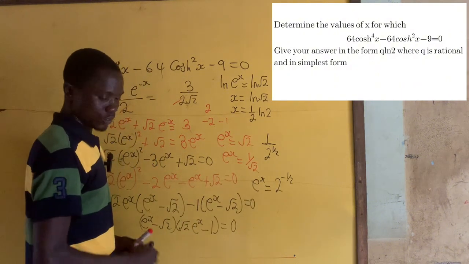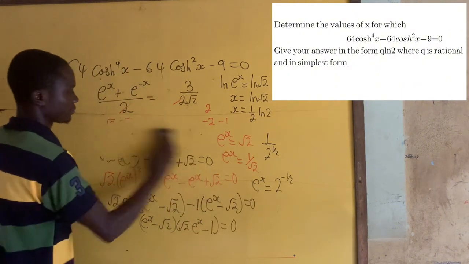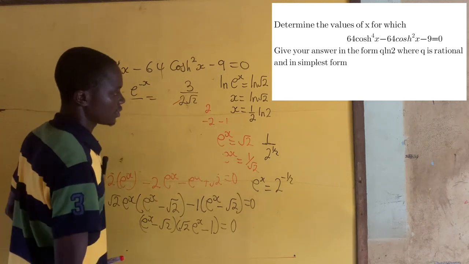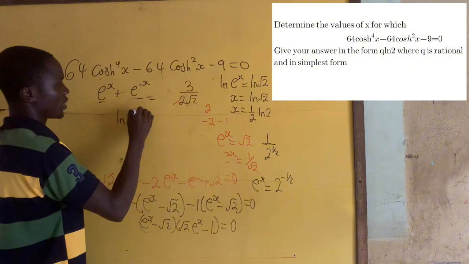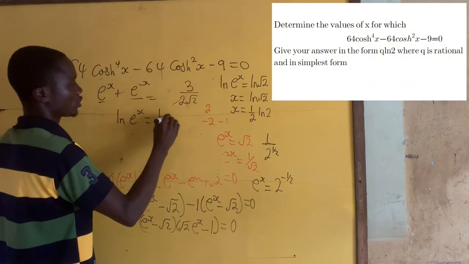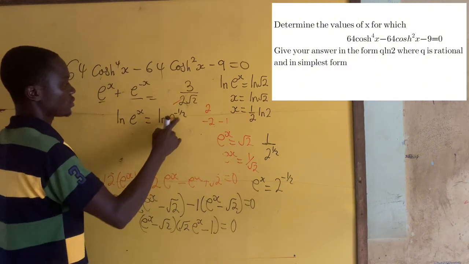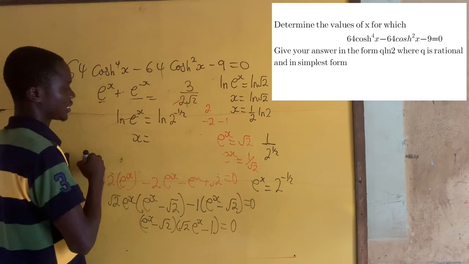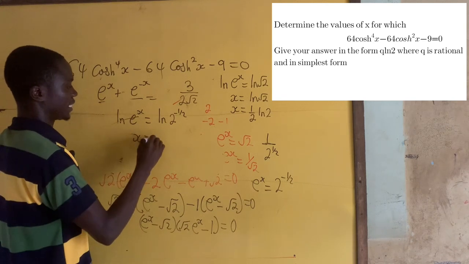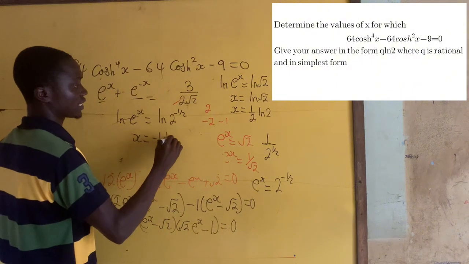So let's take natural log of both sides. We take natural log of e power x equals natural log of 2 to the power negative 1 over 2. So this exponent will come down, and we have x equals, because ln and e cancel, negative half of natural log of 2.